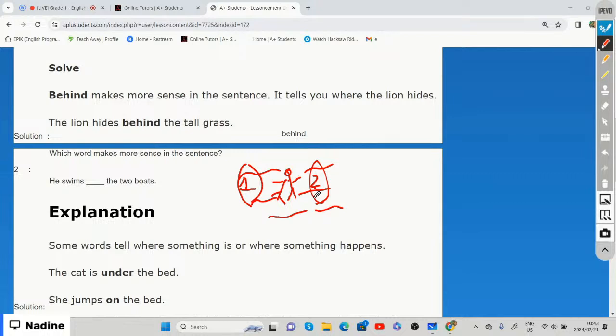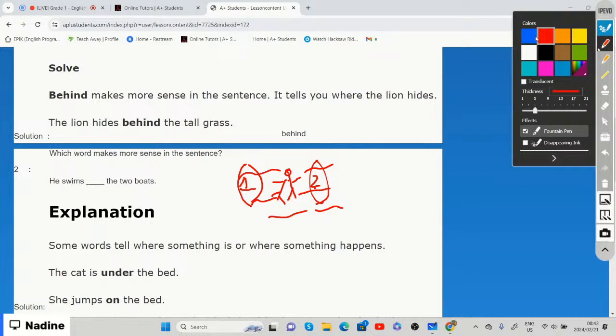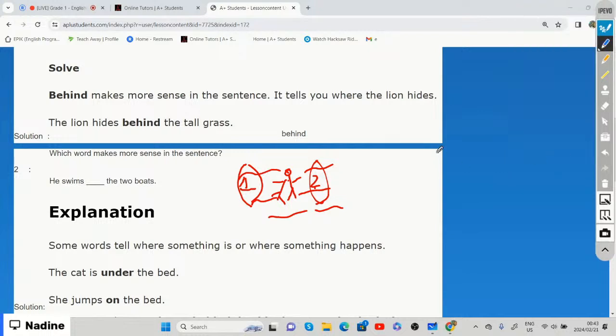He swims the two boats. Basically just the picture example that I've given you. Here is the person swimming, and here we have the two boats.